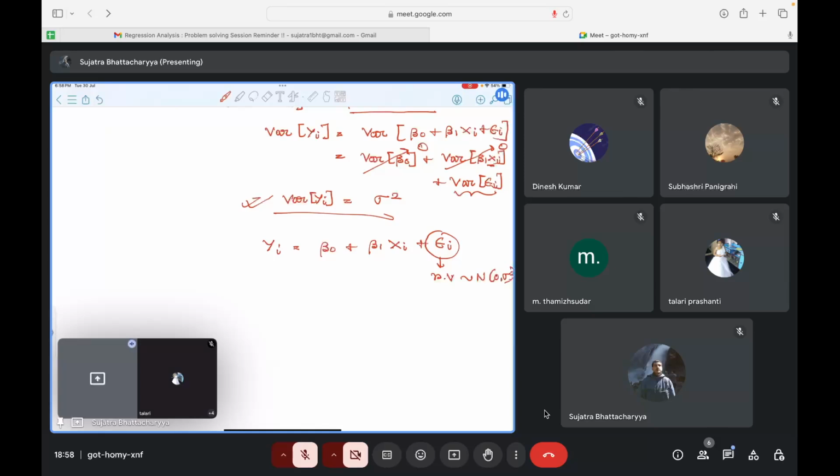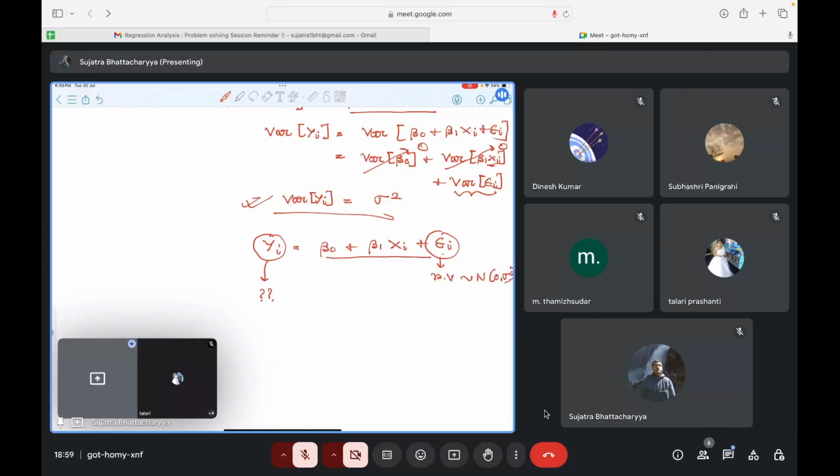What do you think yi's distribution will be? See, this is a linear regression model. It's a linear relation. And xi is not a random variable, so it's a constant kind of quantity. So if you have a linear relationship, and one of the random variables has a particular distribution, say here the normal distribution, then what will be the distribution of yi? It will again be a normal distribution.